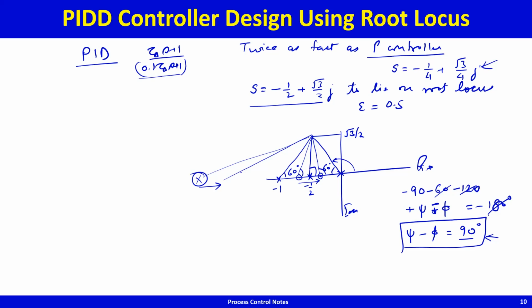And so the contribution of this angle phi also starts to increase. So it turns out that if you put a PID controller, the angle condition cannot be satisfied unless you do 0.01 tau d, taking the pole very, very far away. But those kinds of circuits are much more expensive.